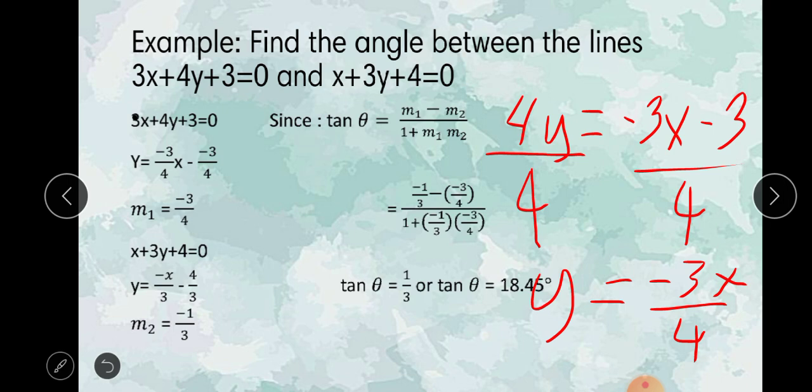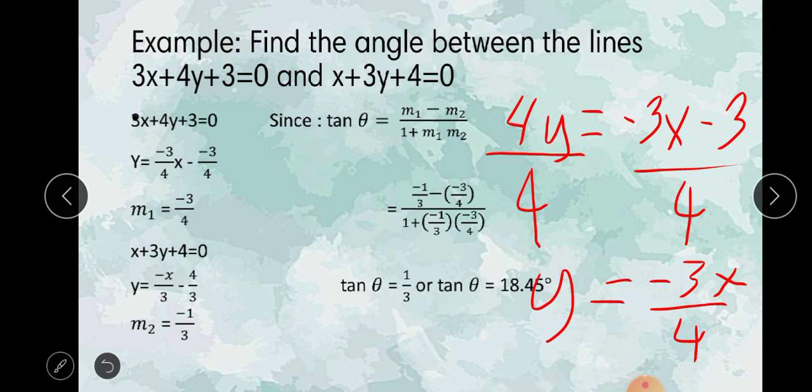Since the formula is tangent theta equals m sub 1 minus m sub 2 over 1 plus m sub 1 times m sub 2, we will substitute the given values of the slopes.